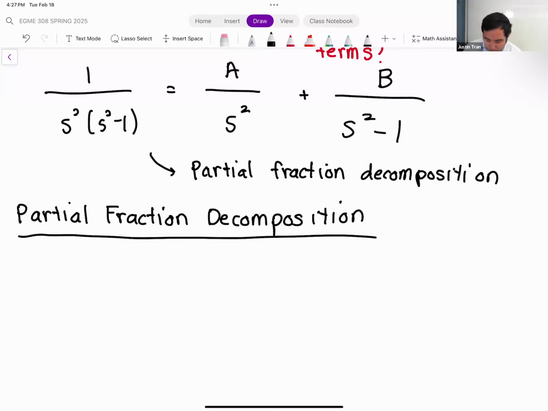Partial fraction decomposition is basically a process by which we can simplify a fractional expression by breaking it up into its component parts, or breaking up its denominator, I should say, into its component parts.